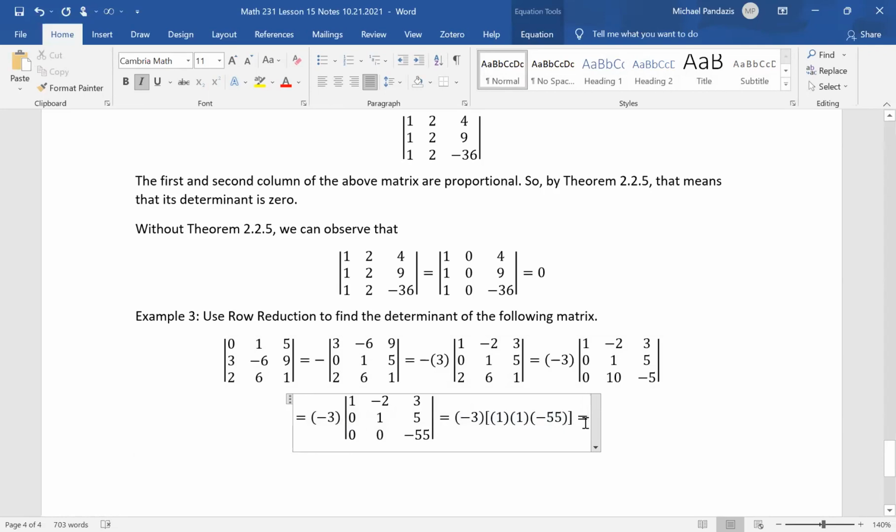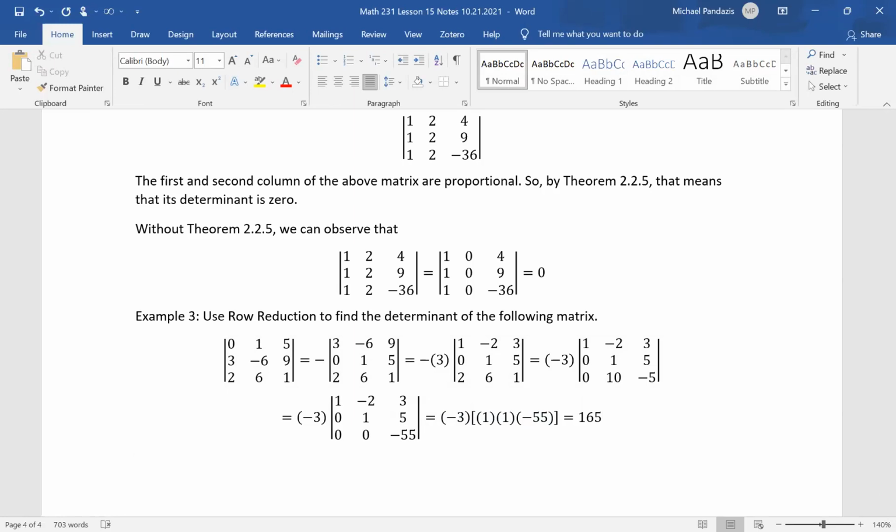If you multiply all those numbers, you get 165, because multiplying by 1 doesn't change the product, and -3 times -55 is positive 3 times 55. 50 times 3 is 150, 5 times 3 is 15, 150 plus 15 is 165. So that's the determinant of the original matrix.